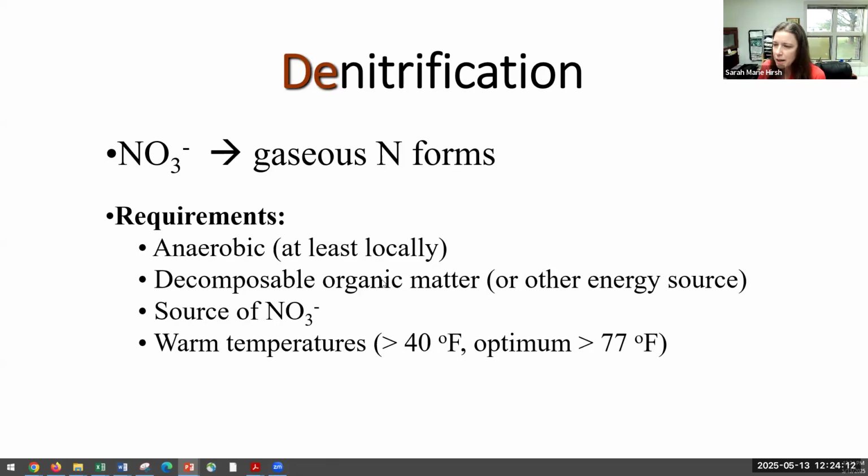You also need to have some kind of organic matter source, which there's plenty of out in the field, and then the source of nitrate and relatively warm temperatures. So it's not going to occur over the winter, but whenever the corn is growing, it can definitely occur.